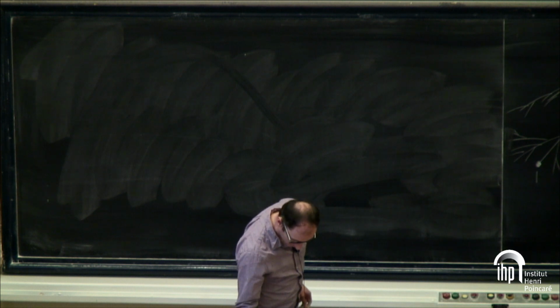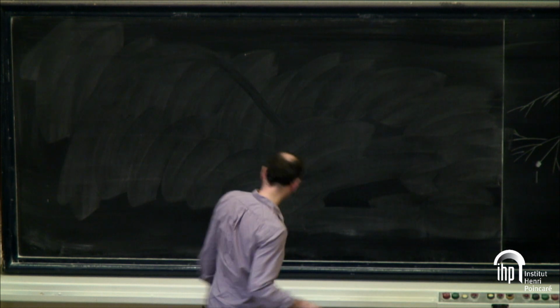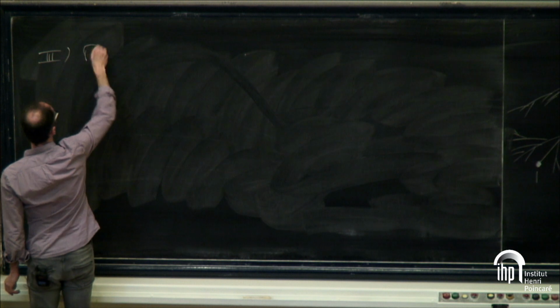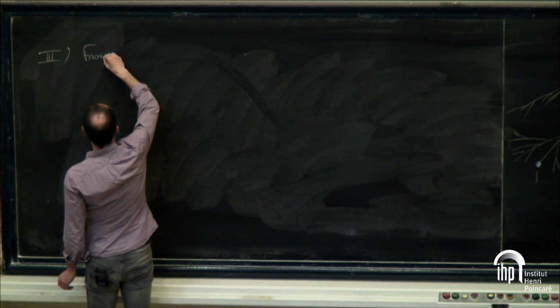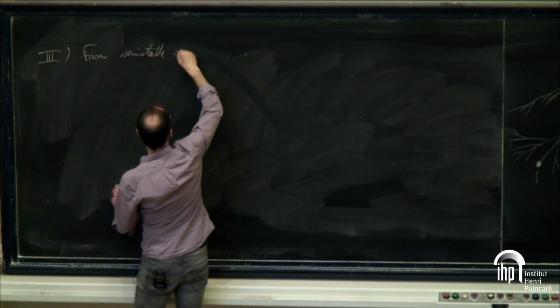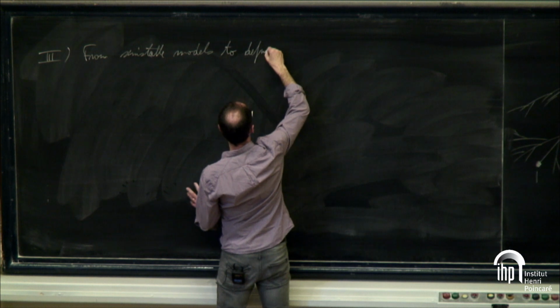So let me skip this and go to my last part, which should be how to go from semistable models to definable sets.